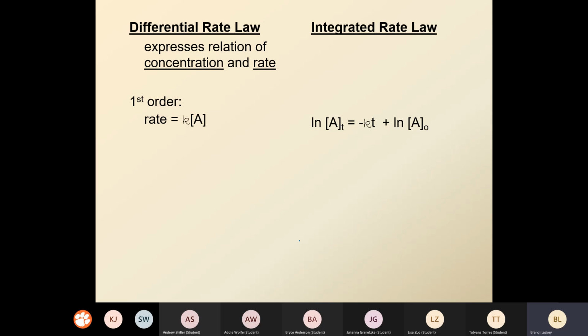The differential rate law, what we did yesterday, looks at the relationship between concentration and rate, whereas the integrated rate law looks at the relationship between concentration and time. So they both have concentration, but the differential rate law looks at rate, integrated rate law looks at time.